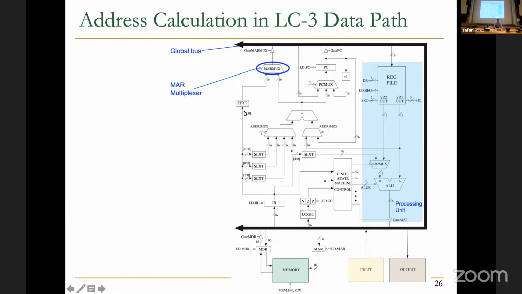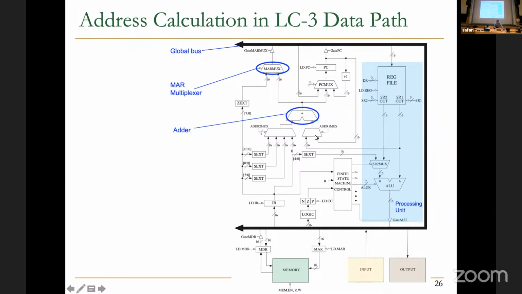And you can see that there are 2 paths coming out of this. One is coming from this adder, and the other is coming from instruction register 0 extended, etc. Right? So there are multiple paths basically. So this is the adder. This is the address calculation adder, and it enables basically all different types of addressing modes. For example, PC plus some sign extended 9-bit offset.